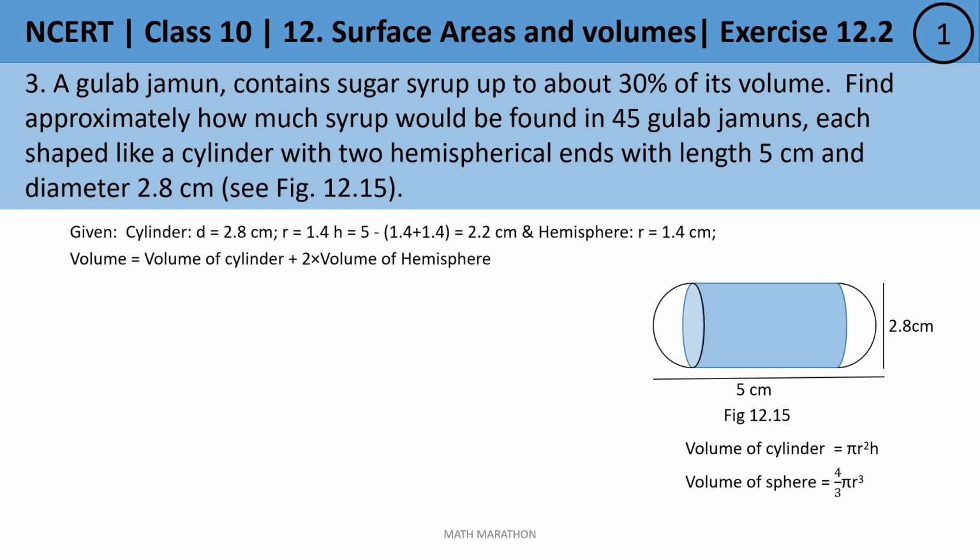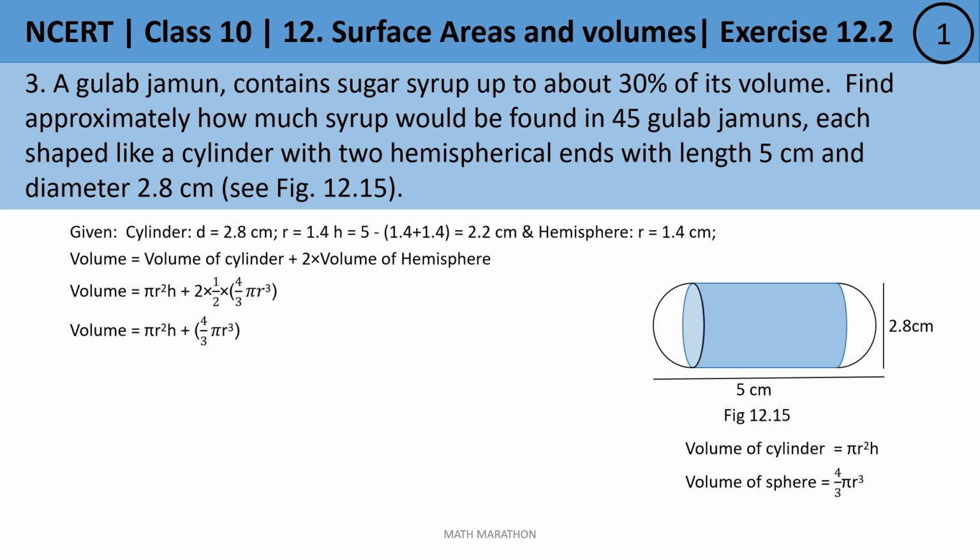Volume of one gulab jamun is equal to volume of cylinder plus twice of volume of hemisphere. Volume is equal to volume of cylinder, which is pi r square H plus twice of volume of hemisphere, which is half of 4 by 3 pi r cube.